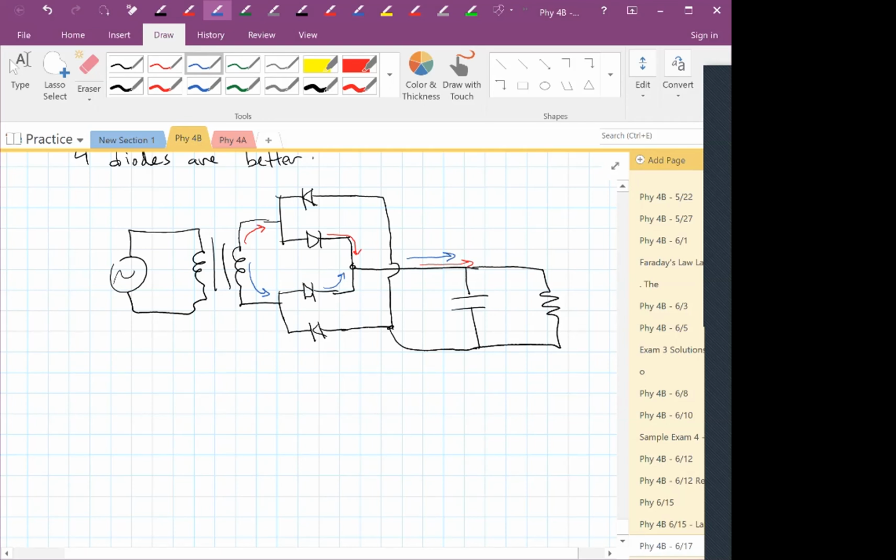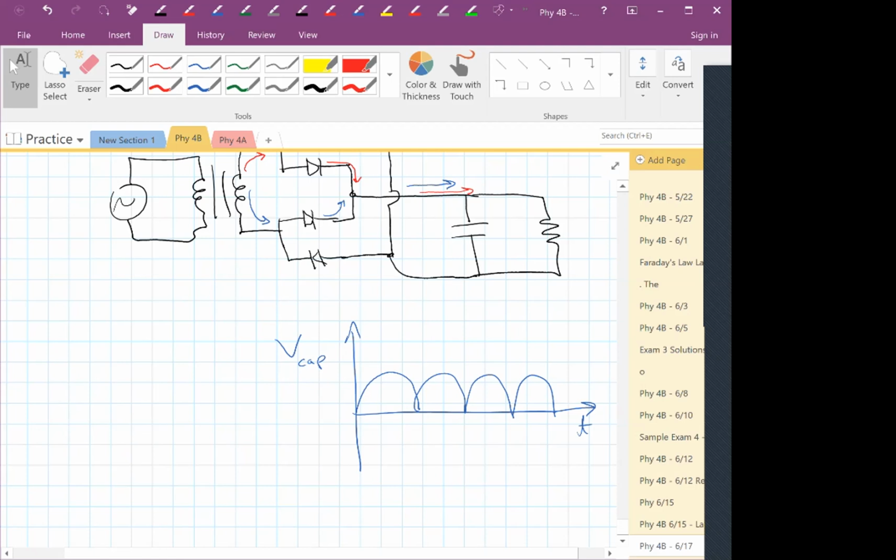We didn't just cut off the voltage. The voltage on the capacitor looks like this. Instead of just cutting it off, you see how that's much better than just losing half the signal?